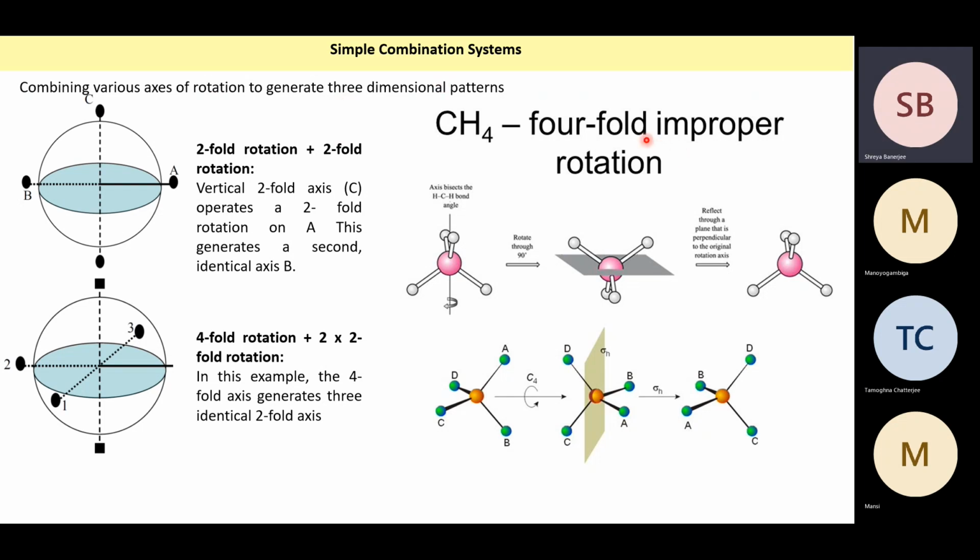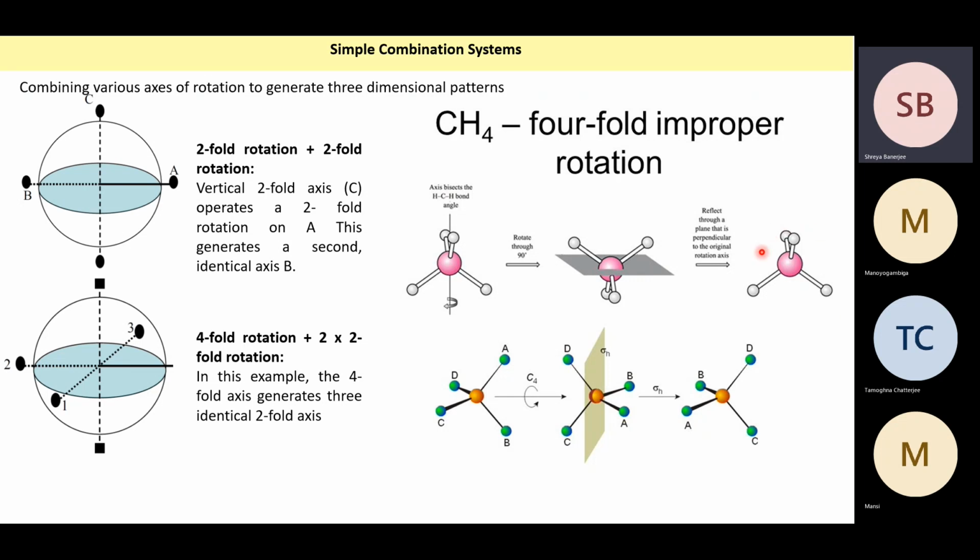Another element of symmetry, which is a combination element of symmetry, is called an improper rotation. If you have a tetrahedral molecule and you have this axis, which is bisecting this bond, and you rotate it through 90 degrees, you will get a molecule which looks like this. Then if you reflect the molecule through a plane that is perpendicular to this axis, you get the original molecule back.